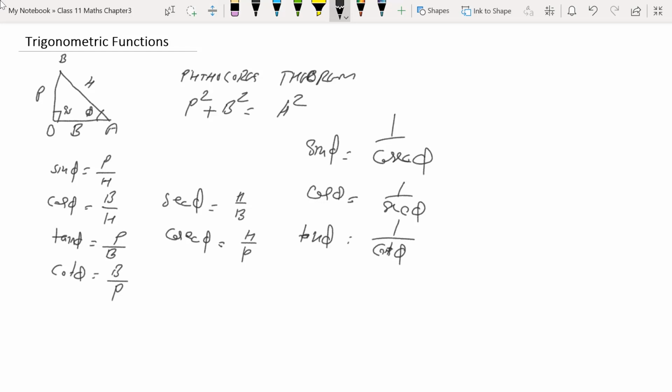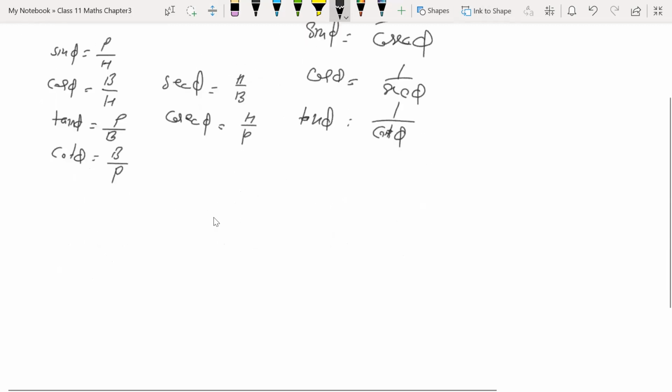Let's come to what the trigonometric functions are. Consider a unit circle with center at origin. Let's draw a circle.